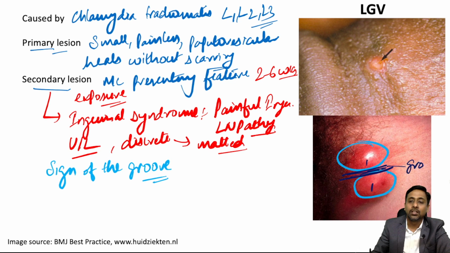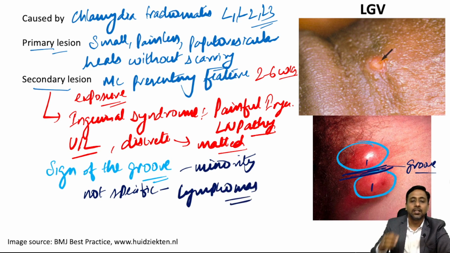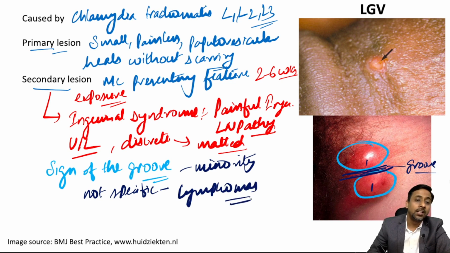So this is the sign of the groove, although it's not very uncommon, but it is documented in a minority of cases. Okay, and it is not specific, and it may be seen in lymphomas. Okay, so it's not very specific to LGV, but yeah, sign of the groove may be seen in LGV.